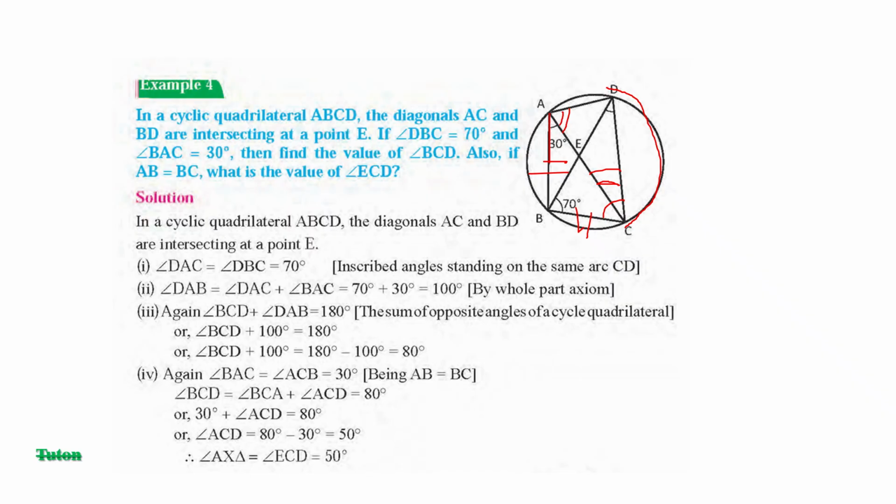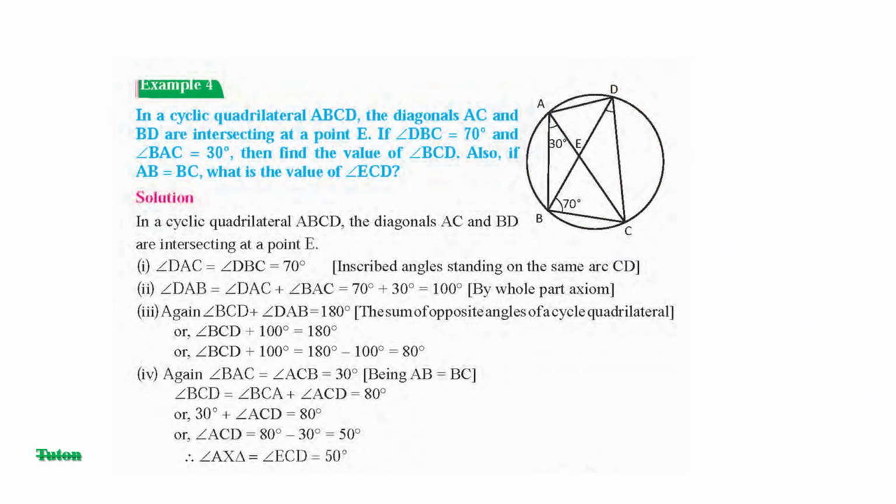Now moving on to our second step, we calculate the angle DAB, which is the sum of the angle BAC and angle CAD, represented by this section of this cyclic quadrilateral, which will be 30 plus 70 degrees, and we have got the final value for angle DAB as 100.